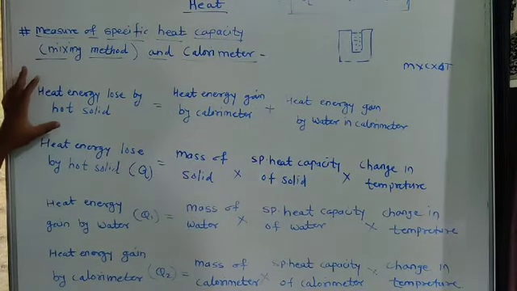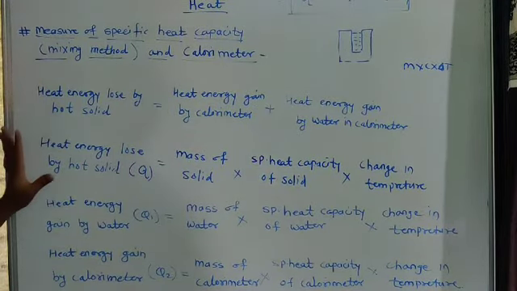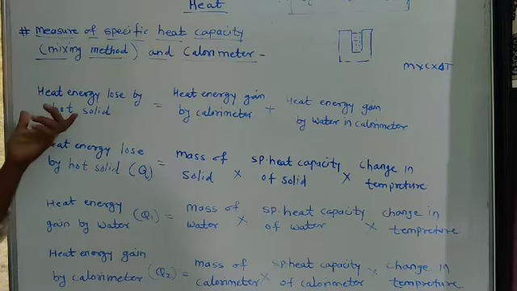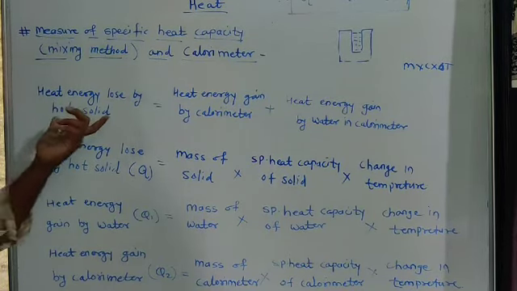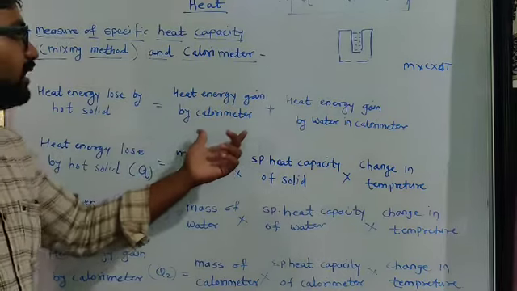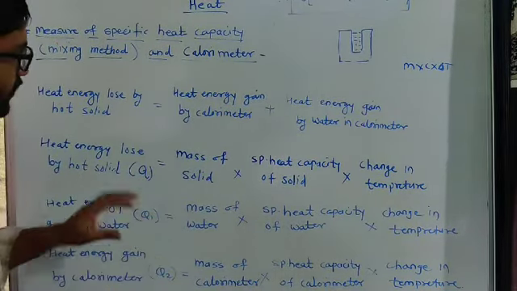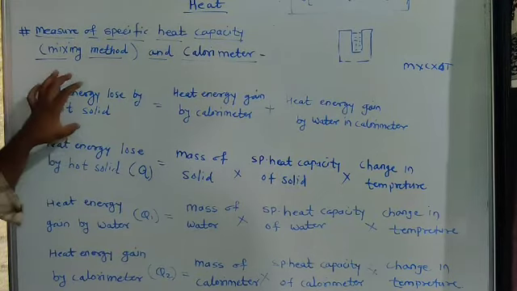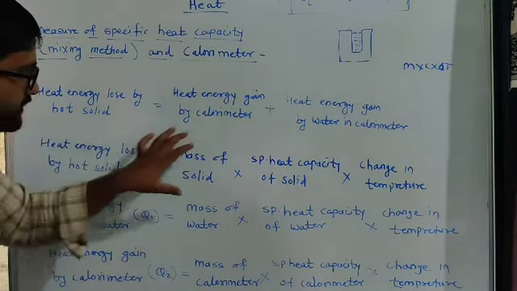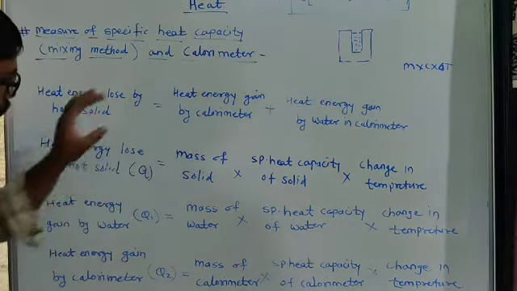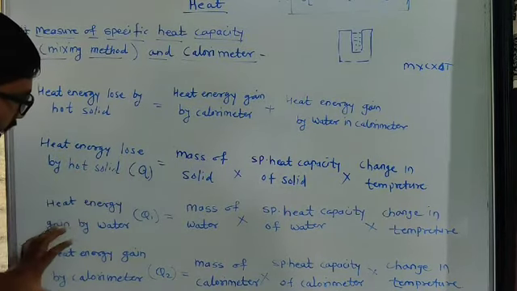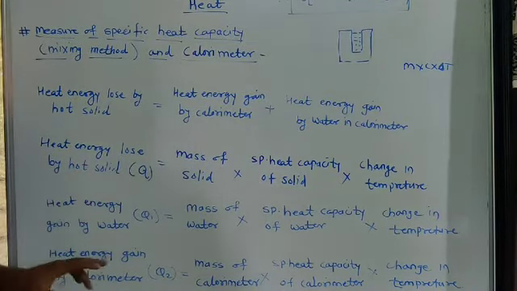We have to write that in formulas. So we can say that heat energy lost by the hot object will be the heat energy gained by the calorimeter plus the heat energy gained by the water in the calorimeter. We just have to separately write how much heat energy is lost by the hot object, how much is gained by water, and how much is gained by the calorimeter.